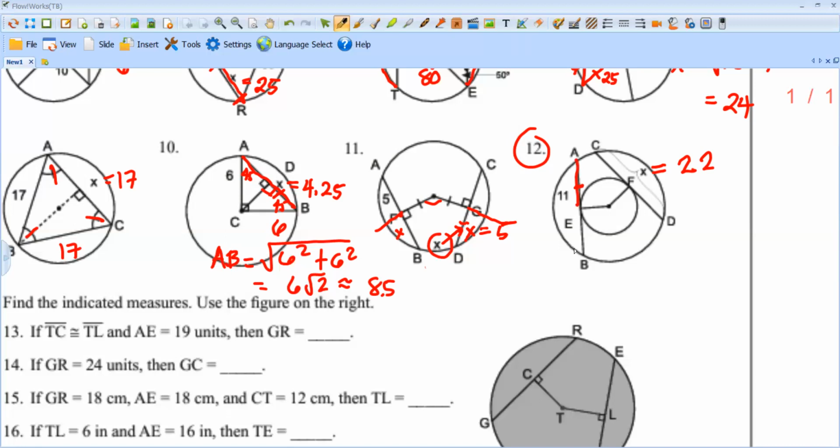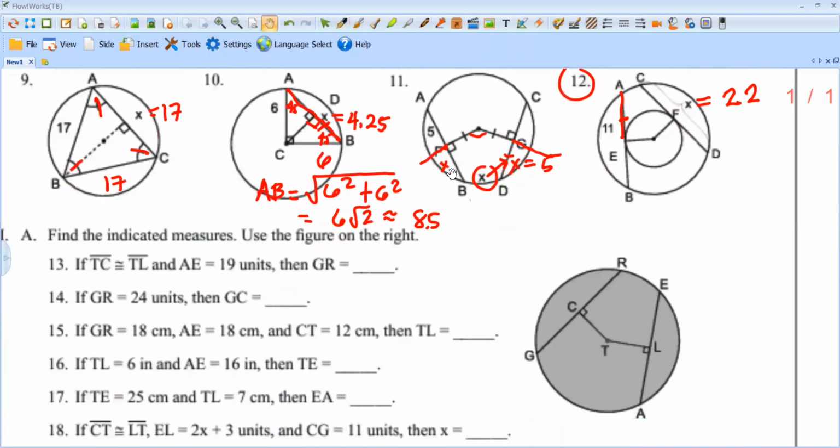So the full side will be 22, okay? Now let's go because AB is equal to CD because they are having equal distance from the center.